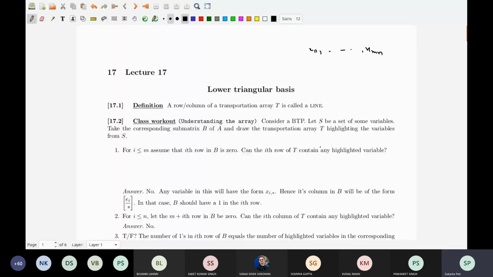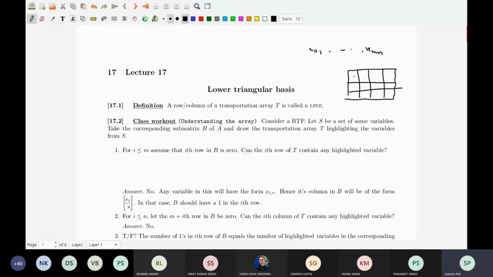The moment you have selected a set of variables, you can consider their columns from A and call the corresponding submatrix B. And also in the transportation array, that table kind of thing, whatever variables you have selected, you highlight those squares. So write down only the selected variables from S, and highlight them.